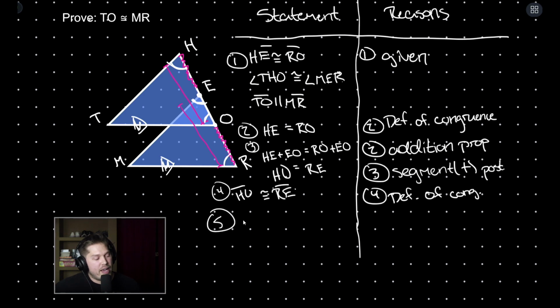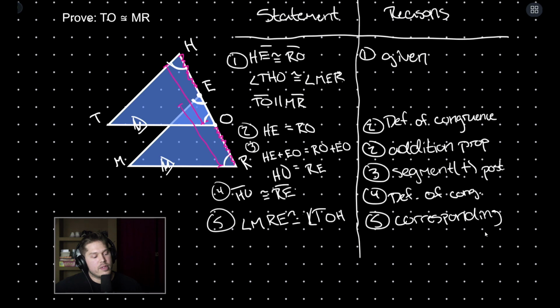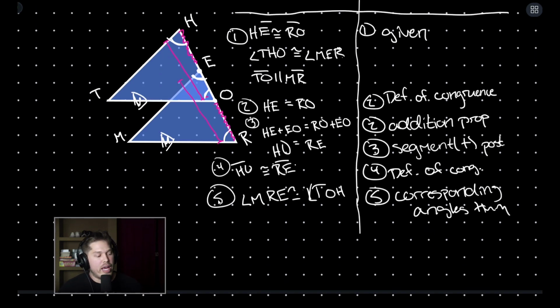So we can say that angle MRE is congruent to angle TOH by the corresponding angle theorem. And then what do we have from here? Well, we have an angle, a second angle, and we have a side.